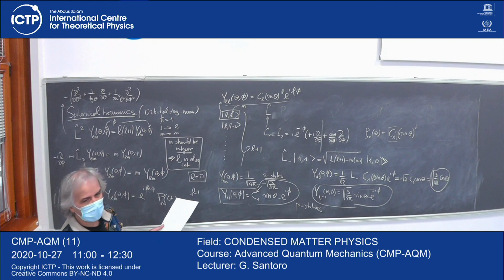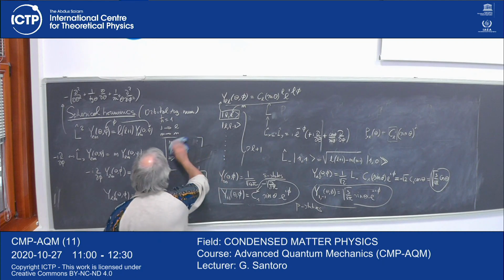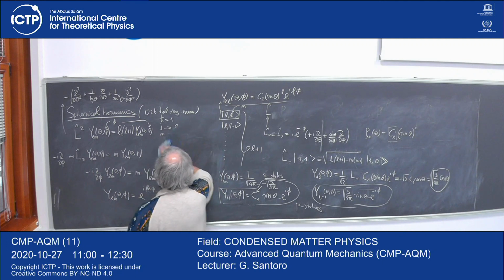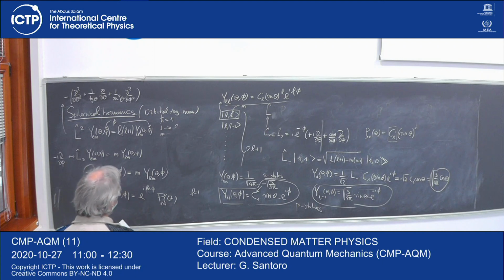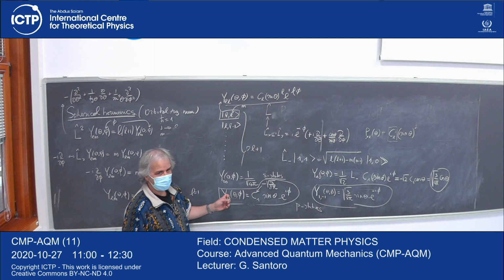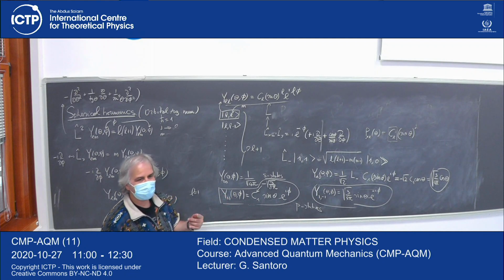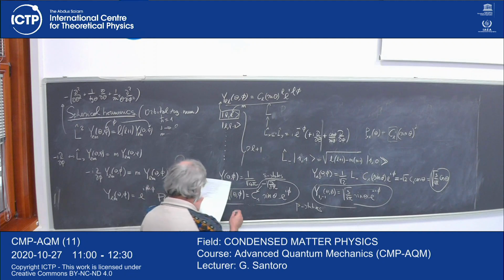Now you often see plots of these states. In the plots they look like this. Well, first of all, these are angular spherical harmonics. You can define Cartesian combinations, which are the following thing.